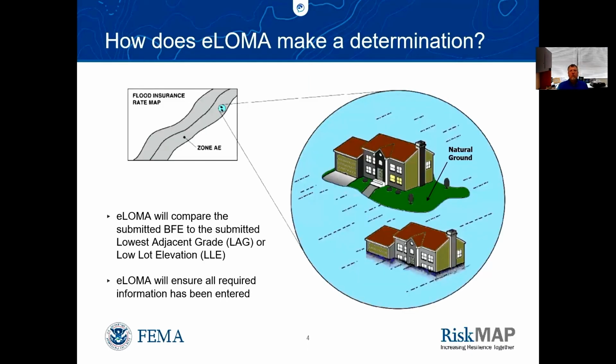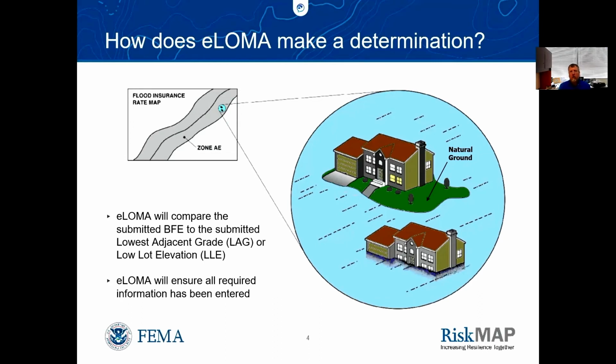So the way that the eLOMA tool makes the determination is it will compare the elevations that are submitted by the licensed professional. If the subject of the eLOMA application is a structure, the licensed professional will enter in the lowest adjacent grade of that structure. If the subject of the application is the entire lot or a metes and bounds portion of that property, they'll enter in the lowest lot elevation.